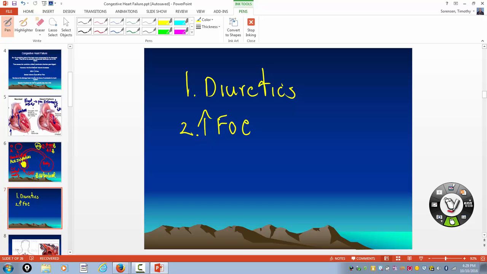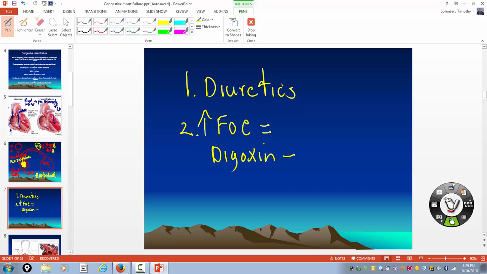So what do you want to do? You want to make it contract better. So the drug that will do that is called digoxin. Now, a couple of terms here. Digoxin increases the force of contraction.